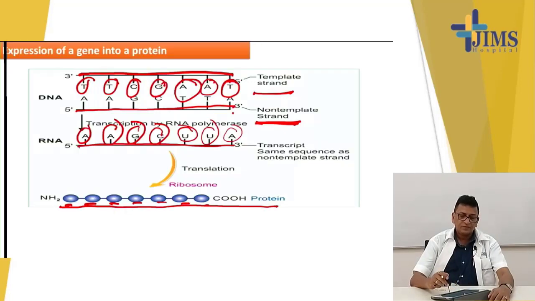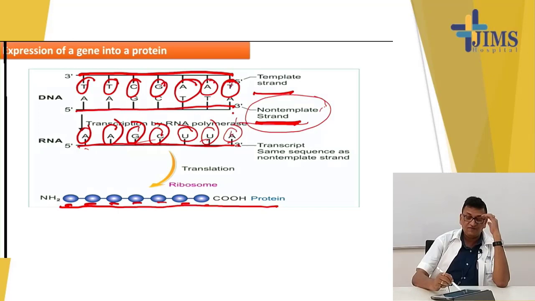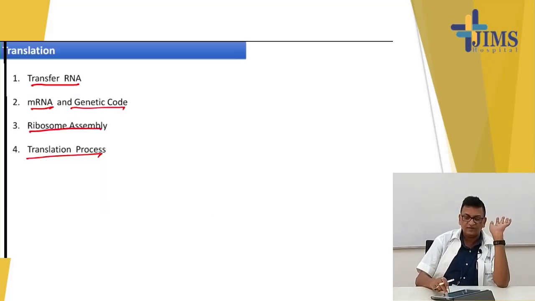We discussed that the mRNA sequence formed will be equal to that of the non-template strand, because it is coded opposite to the template strand from 5' to 3' end, and this will be read in the form of triplet codons, which will form different amino acids and give rise to proteins.